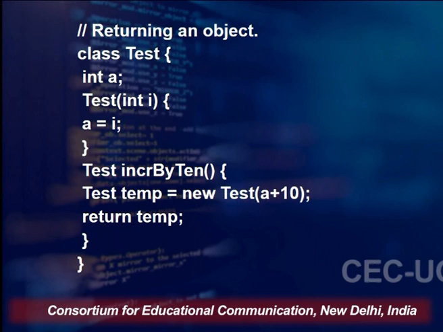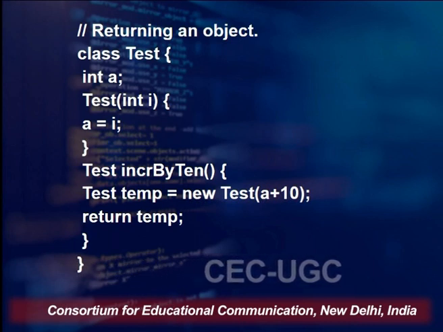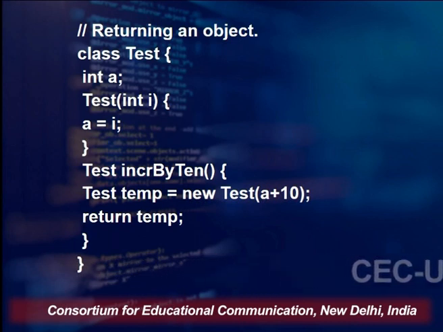So here we have a class Test in which one instance variable integer a is there, and then we have a constructor Test which is taking one integer variable and giving its value to a. After this we have one more method which is incrementBy10, and please notice the return type of this incrementBy10 method, and that is nothing but the class type itself, that is Test.